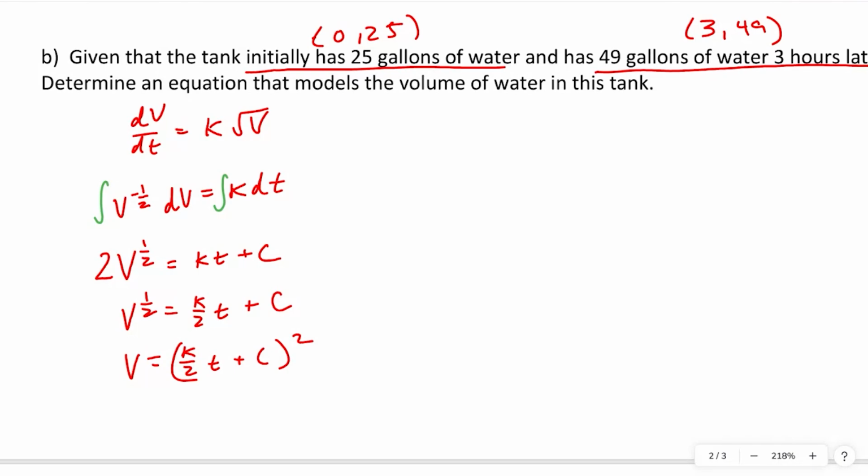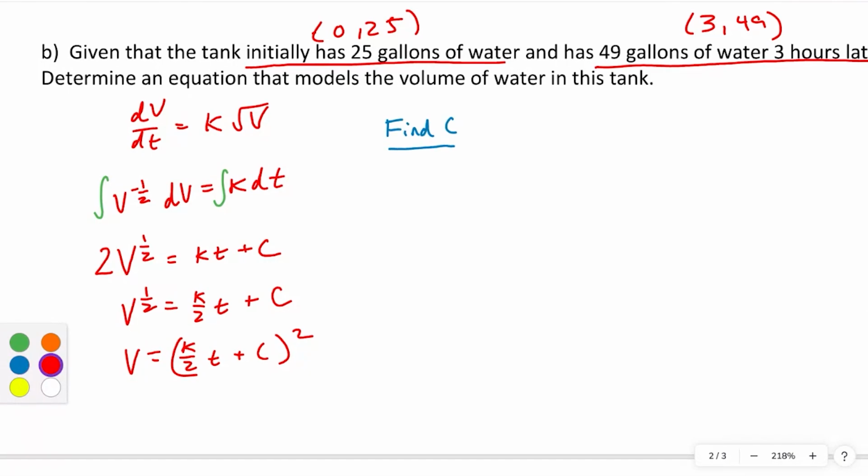Now first it says that our initial volume was 25 gallons. So if I plug in 0 for t and 25 for V, we're going to be able to find c pretty easily. Right, so the volume's 25.